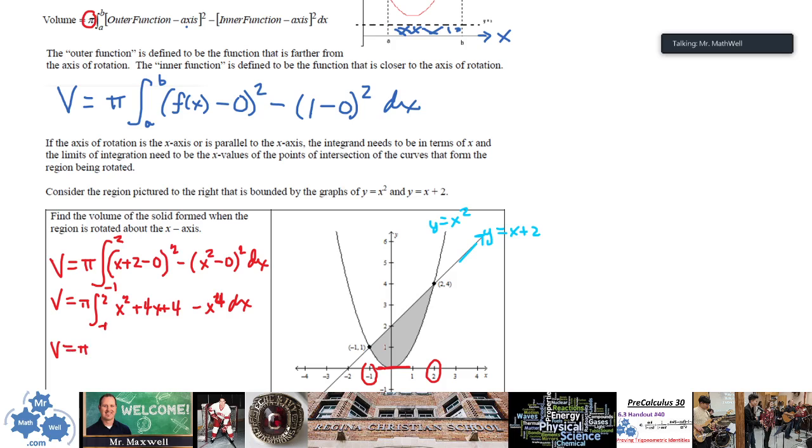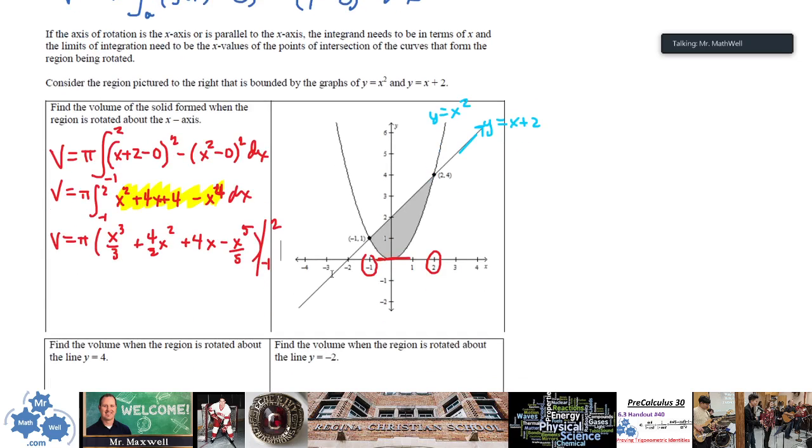These are all separate terms. So let's find the integral of these terms. That's going to be x cubed over 3 plus 4 over 2 x squared plus 4x minus x to the 5 over 5. And we're going to take that from -1 to 2.